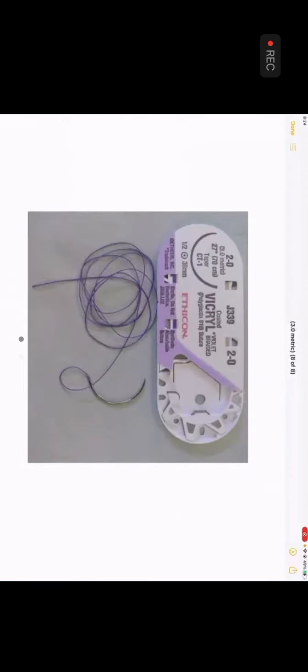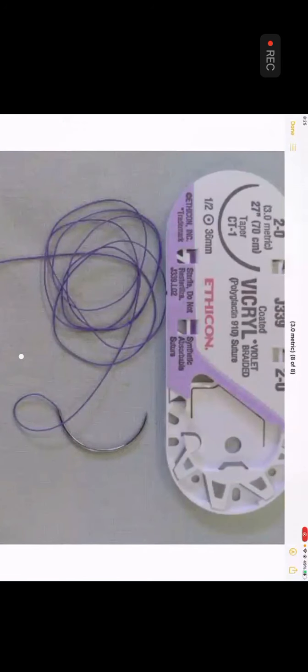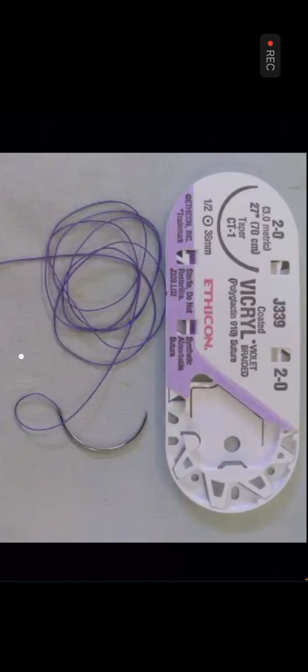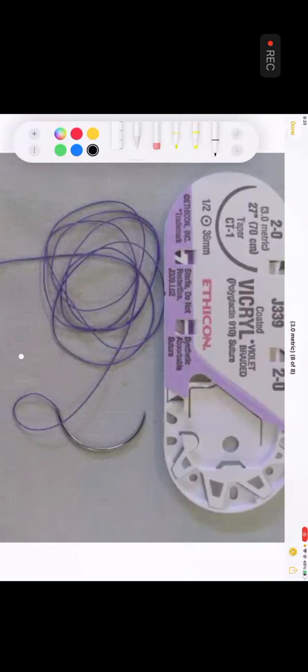The last one, again, we have Vicryl. Remember that until and unless I take a very close shot, you cannot appreciate the braided nature. But you can understand a few things that are written on the packet. Can you see what is written?